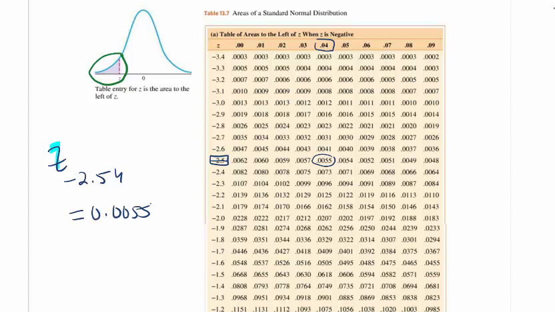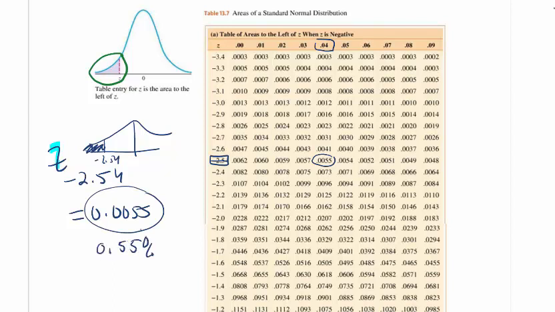So that would be telling me that the area under that tail, I'm going to draw it out, this would be negative 2.54. The area under that tail piece would be 0.0055, or you could write it as a percent, which is 0.55%, because remember, you move the decimal place 2 places to the right. So just showing you how you can use this chart.